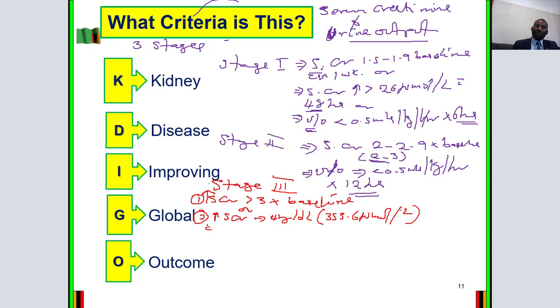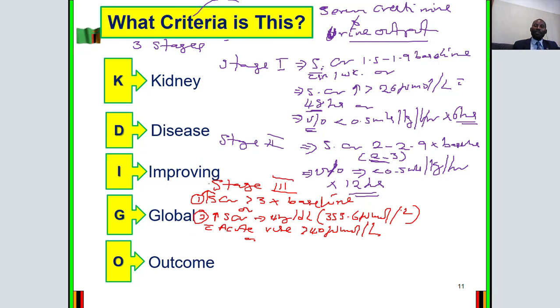Okay, with acute rise of more than 40 micromoles per liter. That actually is in stage 3.